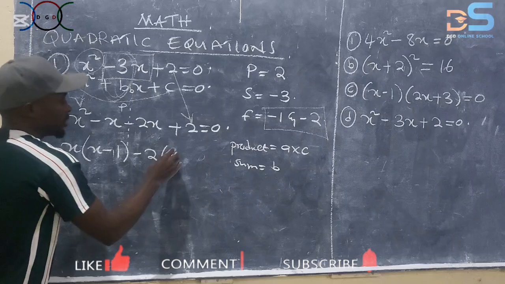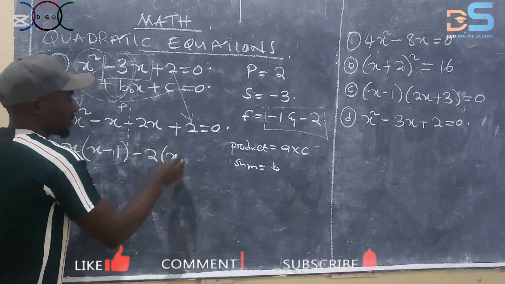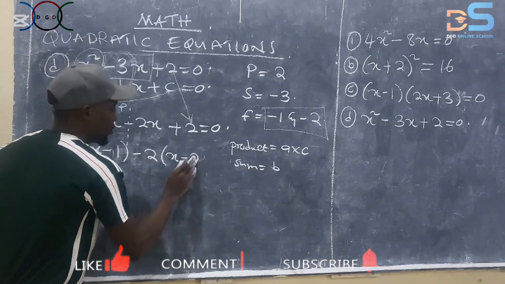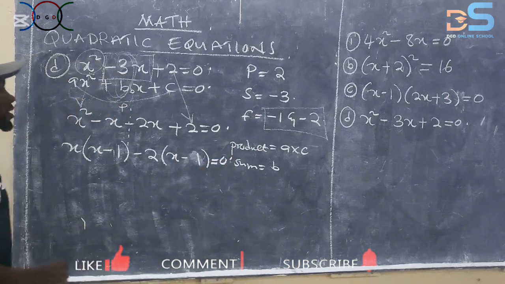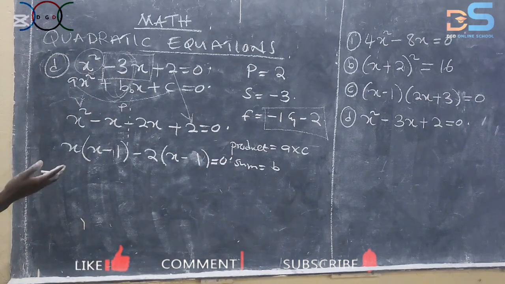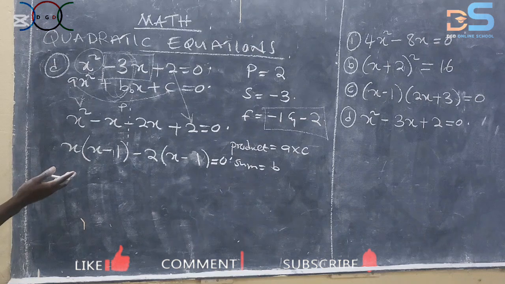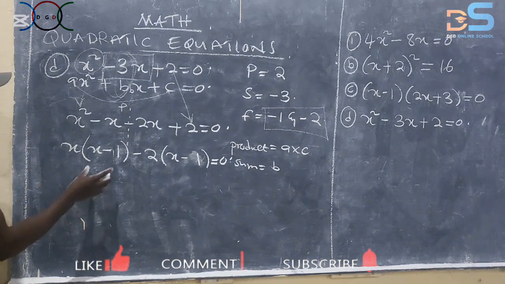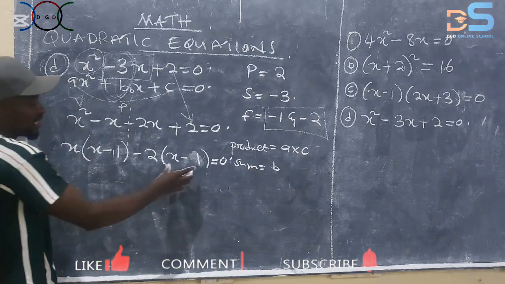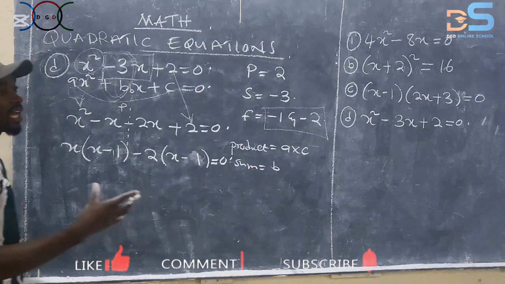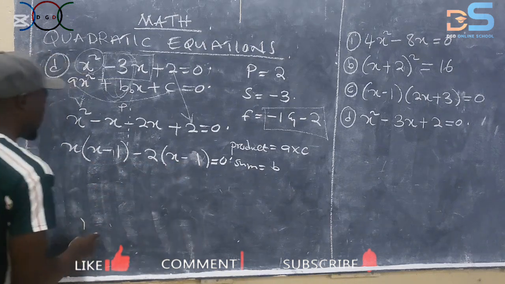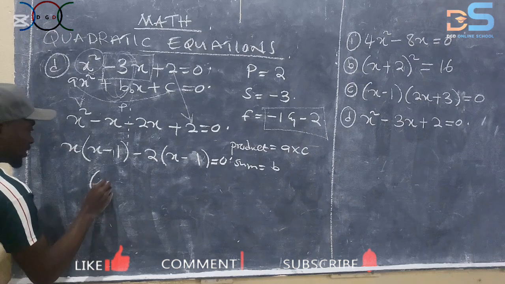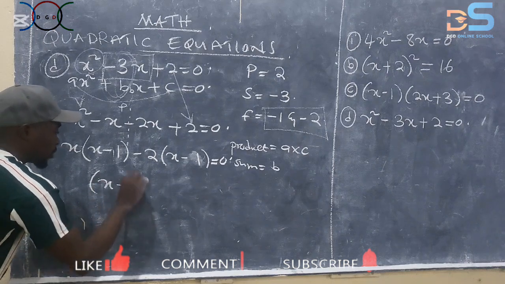What remains is x, and negative times positive gives -1. Then this is equivalent to 0. As we can observe, what is in the first bracket and in the second bracket are the same. So we just pick one of them and say this is x minus 1.